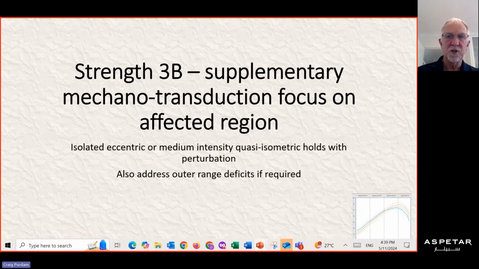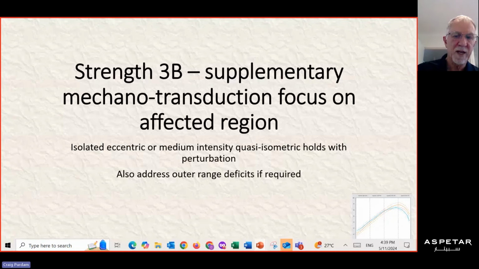So rather than just doing whole muscle work and graduating from there to running, I really like to see an increased focus on the muscle, either with eccentrics or medium intensity quasi-isometric holds. I'll show you some of that.